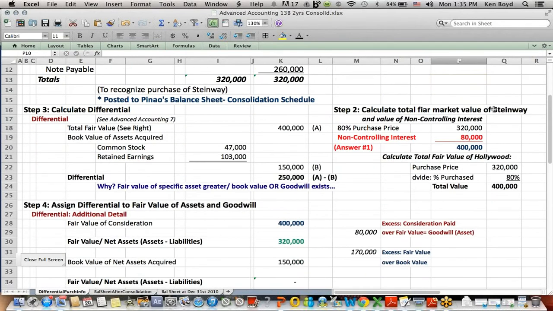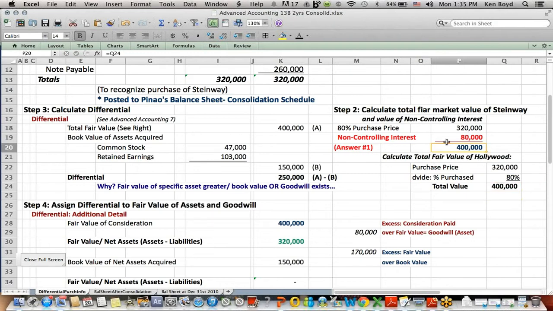Step two is if we know how much Piano paid for their 80%, we can calculate the value of the entire company, Steinway. And if we know that, we can figure out the non-controlling interest value. If we take the purchase price of $320,000 and divide it by 80%, the amount that Piano, the parent, purchased, $320,000 divided by 0.8 is $400,000.